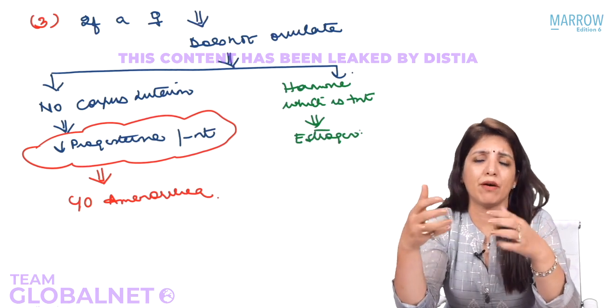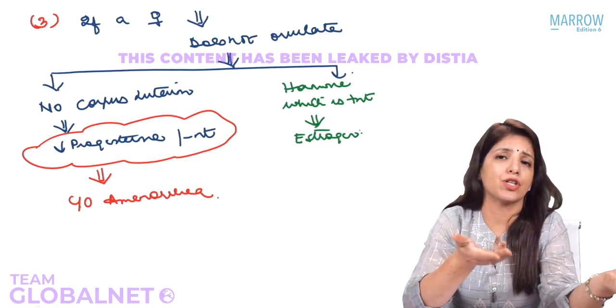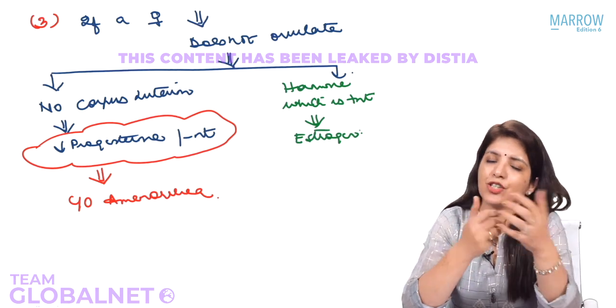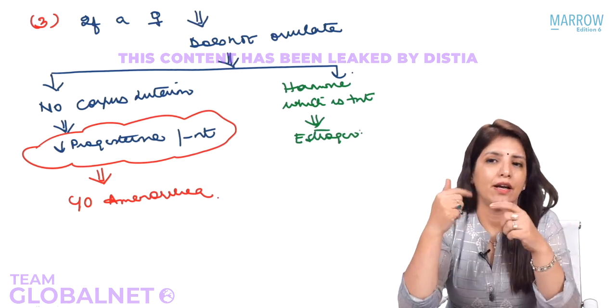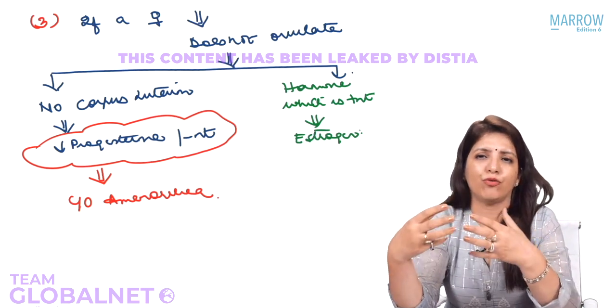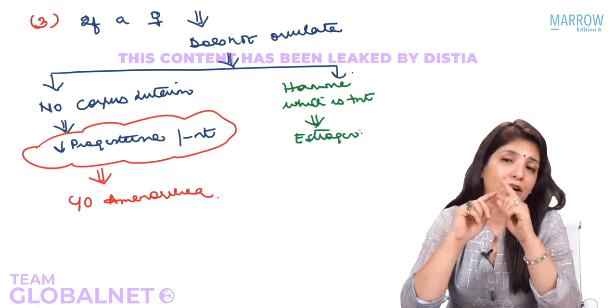5th Feb comes, nothing happens. 10th Feb comes, nothing happens. Nothing has to happen. Why? Because she has not ovulated. So there is no progesterone. So no menstruation. Now, the time passes. 15th Feb, maybe next month, 28th Feb comes. In the meanwhile, what is happening?